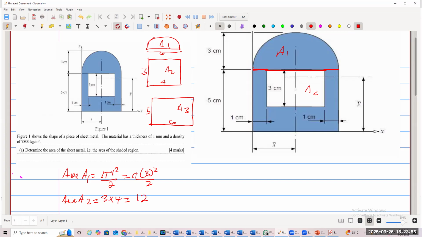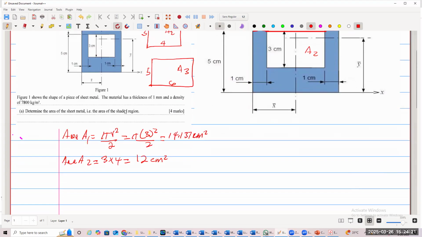That is 12 centimeters squared. And the area of A1 is 14.137 centimeters squared.